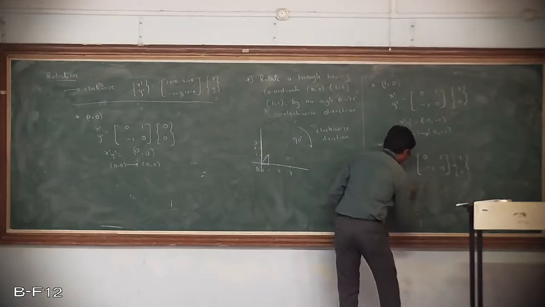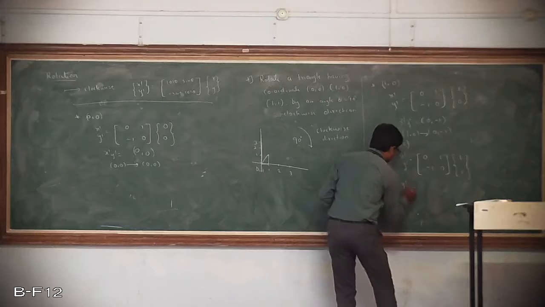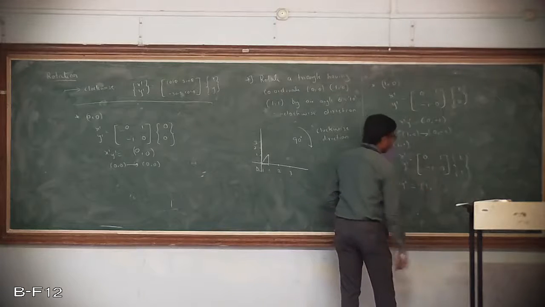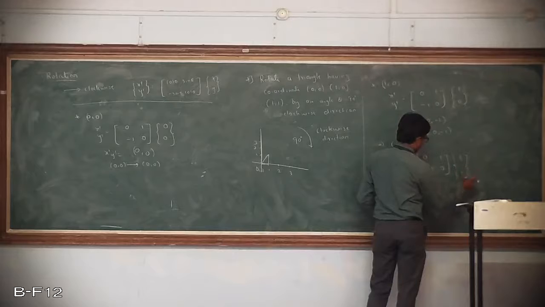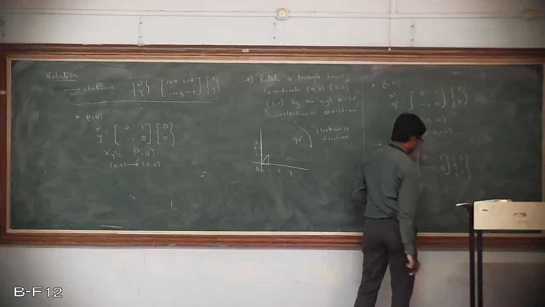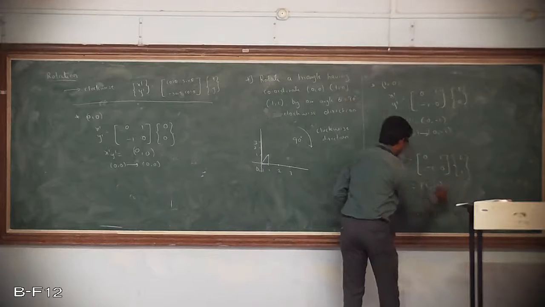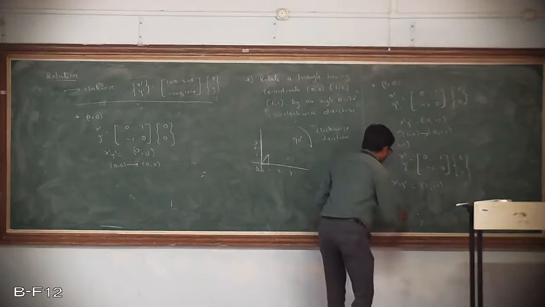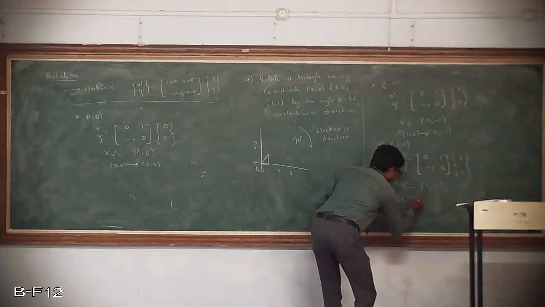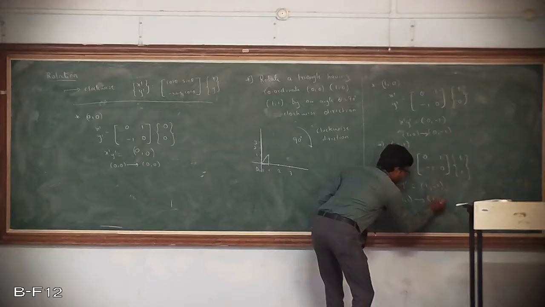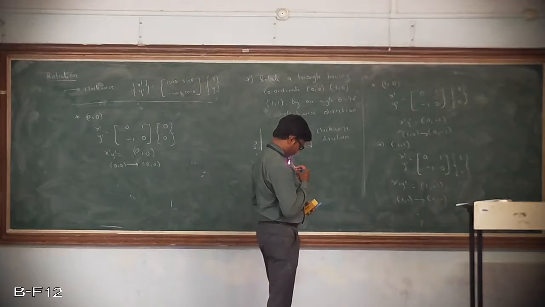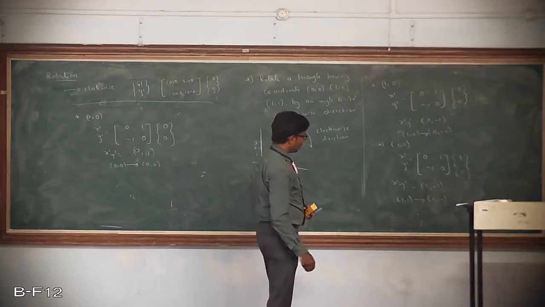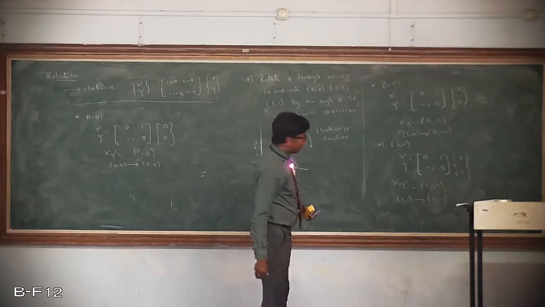So you will be getting the first x coordinate as 1, minus 1 into 1 is minus 1, 0 into 1 is 0, so you will be getting minus 1. So 1 comma 1 is now repositioned to 1 comma minus 1. Okay, I hope it is clear.